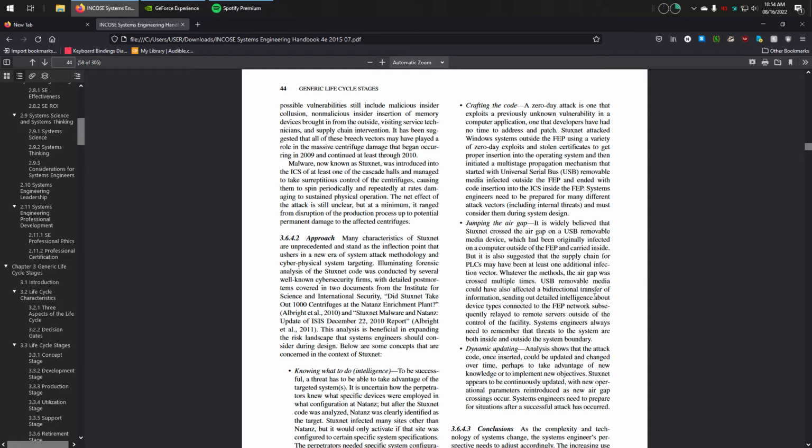Whatever the methods, the air gap was crossed multiple times. USB removable media could have also affected a bidirectional transfer of information, sending out detailed intelligence about device types connected to the FEP network, subsequently relayed to remote servers outside of the control of the facility. Systems engineers always need to remember that threats to the system are both inside and outside the system boundary.